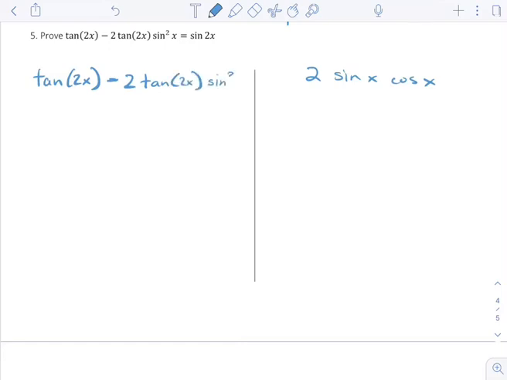So you might say, I see double angle for tan, so I'm going to write that out as 2 tan x all over 1 minus tan squared x. And that's fine, you can work with that.